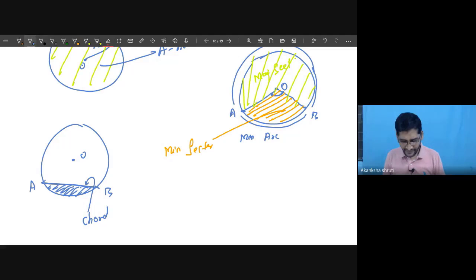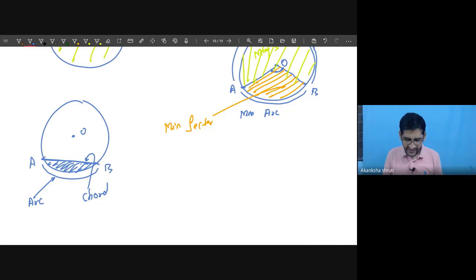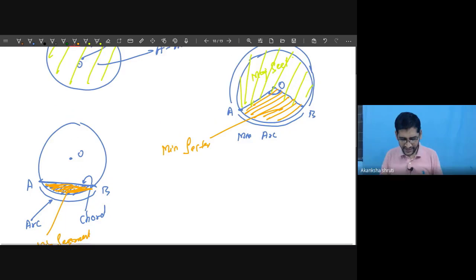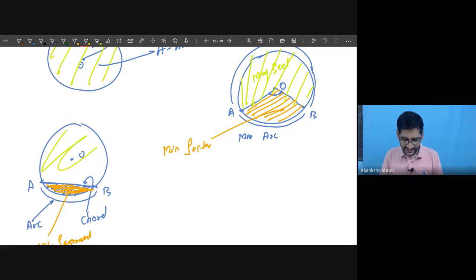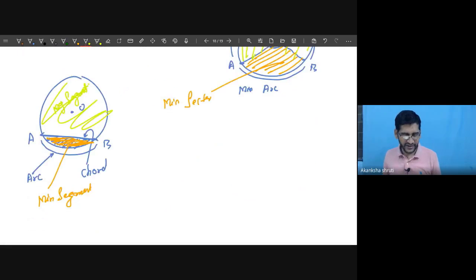So the area between this chord and this arc, this bounded area, is called the minor segment. The other area that is here is the major, but the name is segment. So these were the terms that we need to keep in mind.